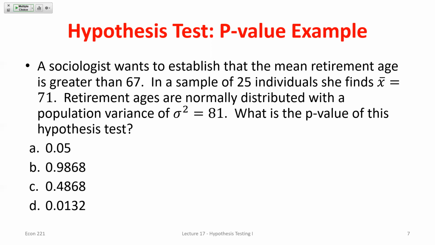Still just taking this in. So before I even do anything else, what I'm thinking about is my p-value will be the probability that I saw that sample mean of 71 or anything even further above that. Okay. So I want that area in the right tail. So right away, we're just thinking about normal distributions and some of the properties. What do I know my p-value has to be less than?